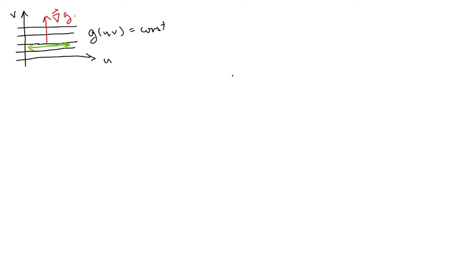And as a result, the piece of the gradient of the perimeter that's perpendicular to the gradient of g has to vanish. Or equivalently, the gradient of the perimeter has to be proportional to the gradient of our constraint. And this lambda is a constant of proportionality, and it gets a name.